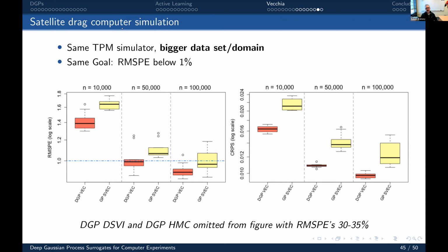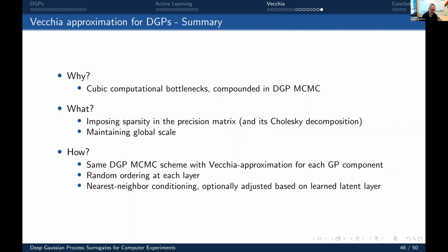We went out to 100,000 training data locations on a bigger input domain and showed that with a deep Gaussian process, we can beat the 1% threshold, whereas you can't consistently with an ordinary Gaussian process. The other methods, the ones from machine learning, are not even on the graph because they go off the screen. For some reason on these data, they don't find the signal in the noise. And I think it's an implementation issue, but it's not my code and I'm not gonna sink too much time into it. Okay, so that's what I wanted to tell you about.